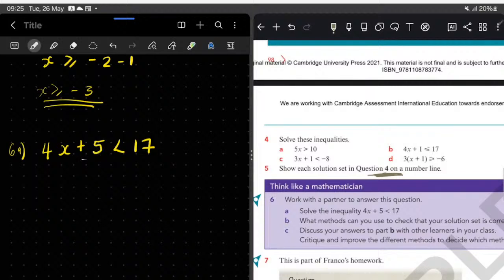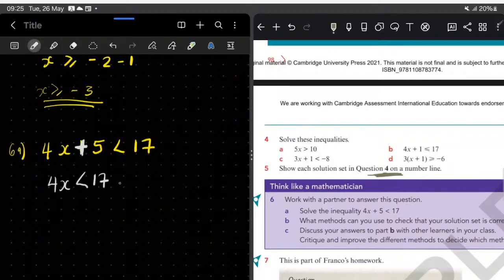What do we take to the other side first when we want to solve? We take 5 to the other side first. What does it become, Vic? 4x less than what now? It's less than what?